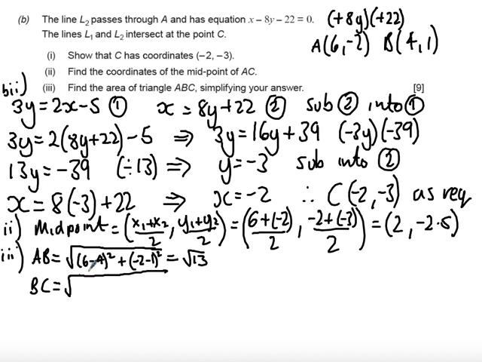So we're going to do the square root of the difference between the x coordinates, which is 4 minus minus 2, squared, plus the difference between the y coordinates, which is 1 minus minus 3 squared.